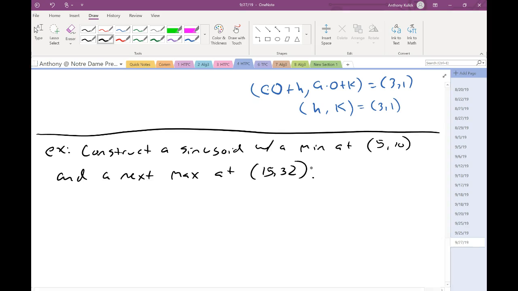So let's say we want to construct a sinusoid that has a minimum at (5, 10), and the next maximum is at (15, 32). Here we're given considerably less information, right?